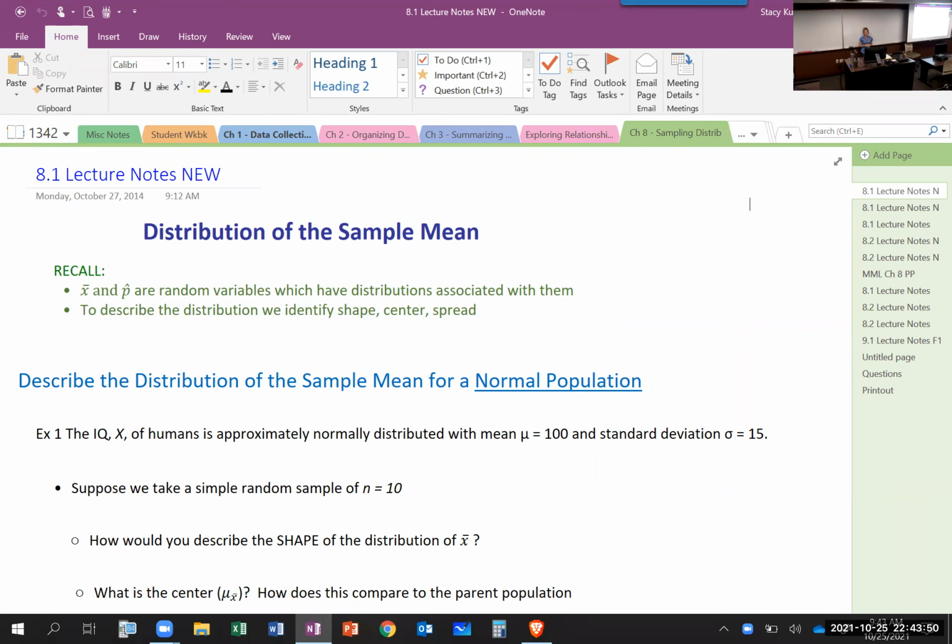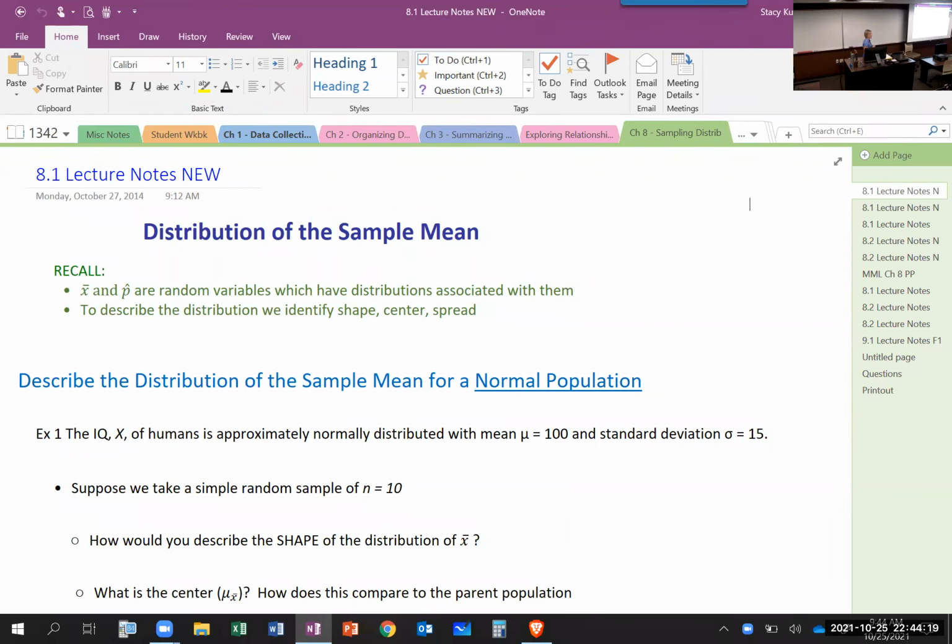And I'm also going to identify what the spread is. Spread is code word for what in statistics? If the center is code word for, what's the center code for in statistics? What do I talk about when I'm talking about the center of a distribution? Mean. And the spread would be the standard deviation.